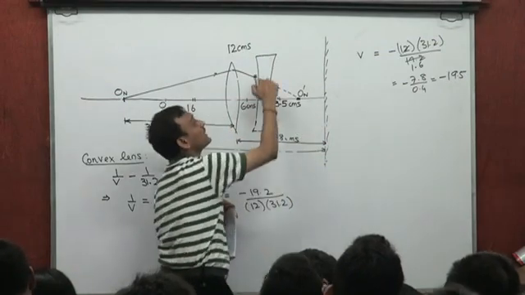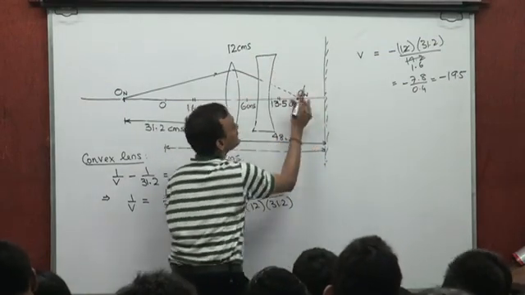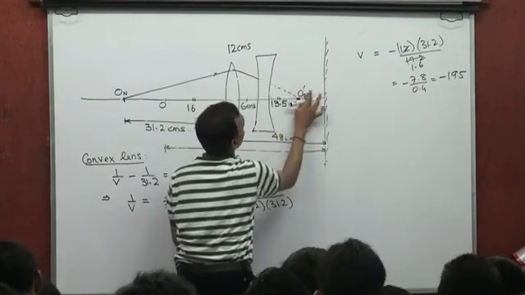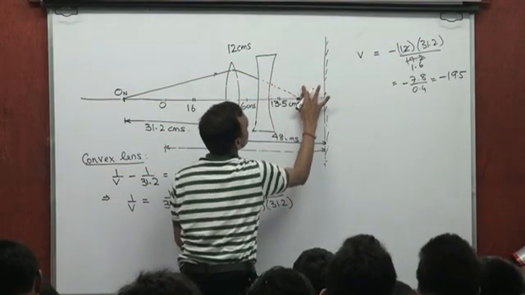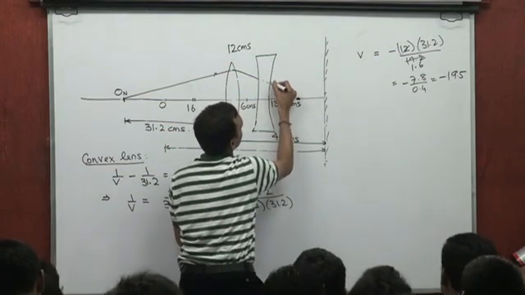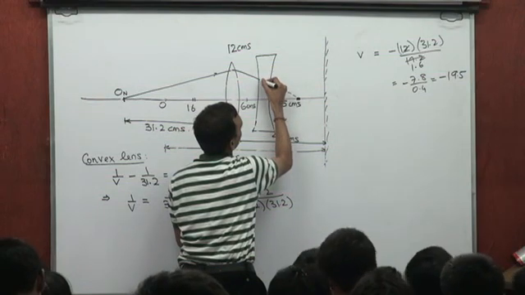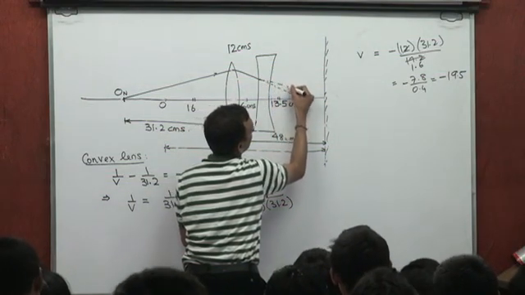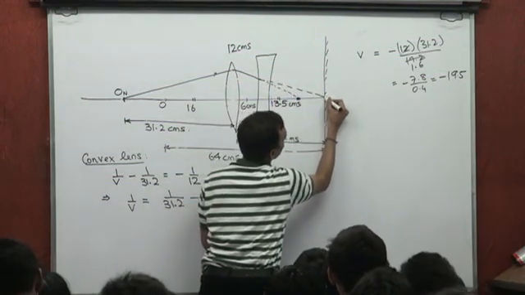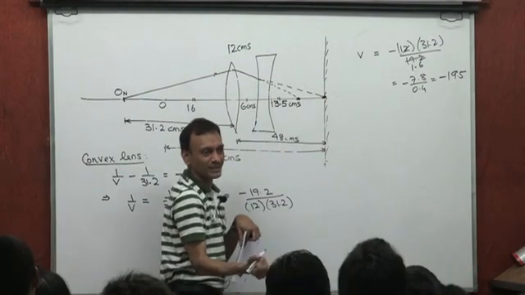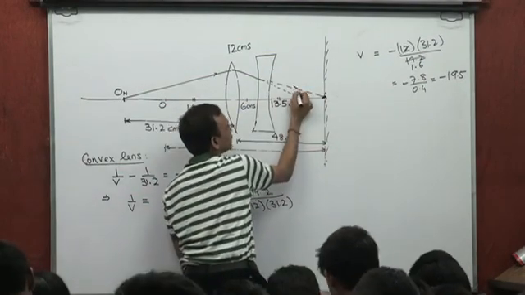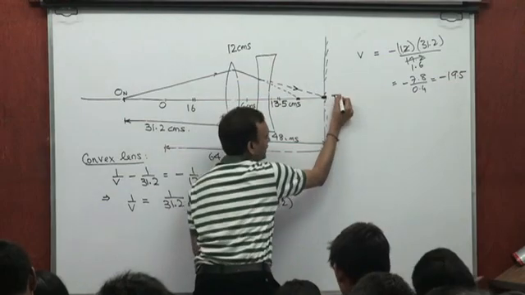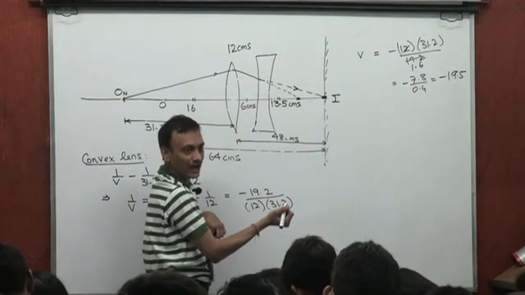It gets refracted from the lens in a manner that, instead of going like this, it goes like this and forms the final image at I.